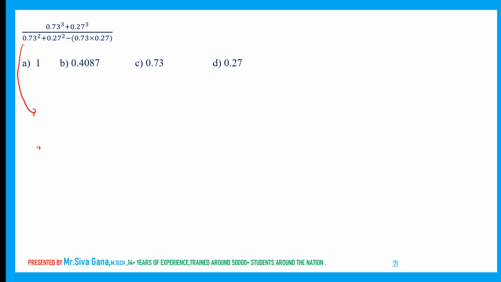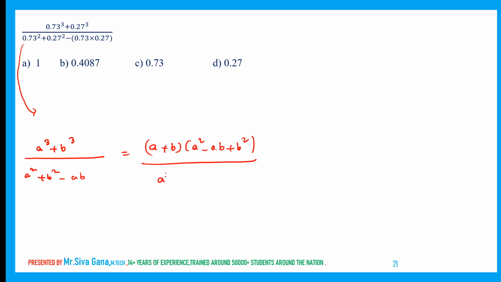If you see this fraction, we can compare it with a cube plus b cube divided by a square plus b square minus ab, where a cube plus b cube is a plus b into a square minus ab plus b square, whole divided by the denominator in the form of a square plus b square minus ab.